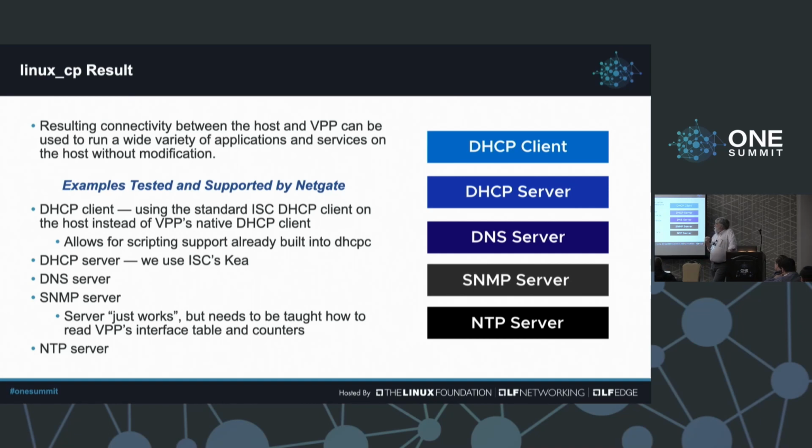So the result is that VPP has its own internal DHCP client, but we use the Linux DHCP client that you all know and love. It just works. I hate to sound like an Apple commercial up here, but the result of this is it just works like you expect it to. Or as somebody said yesterday in the Dent thing, it's just a Linux box, right? We use ISC's DHCP server. It just works. It doesn't know any different.